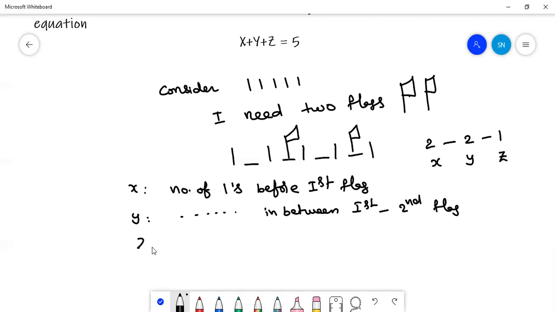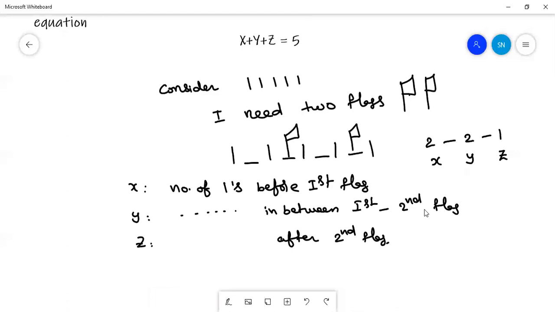Z is the number of ones after the second flag. So this is the method we are using in order to count the different possibilities of x, y, z such that x plus y plus z equal to 5. So let us discuss a few more cases.